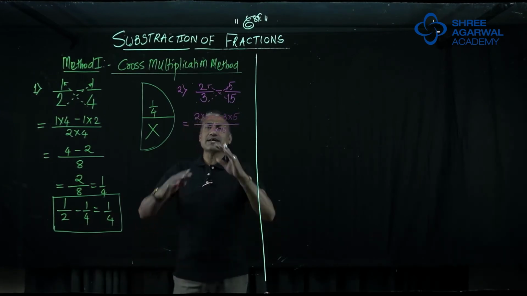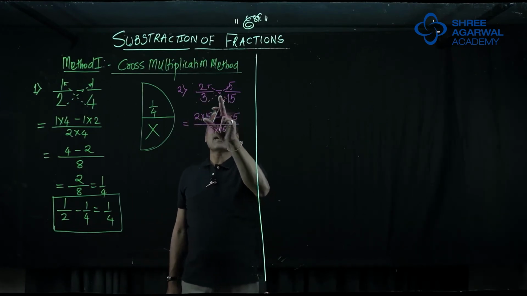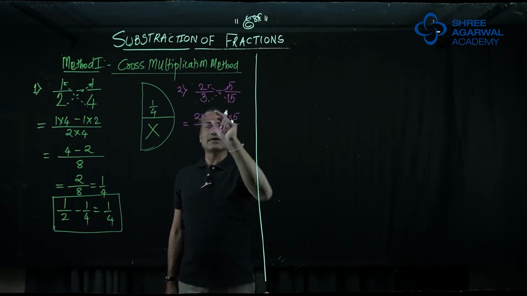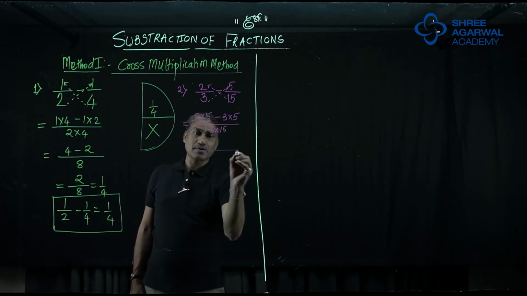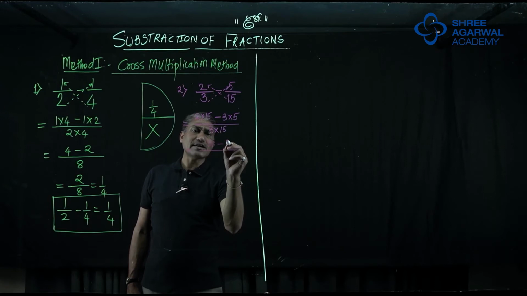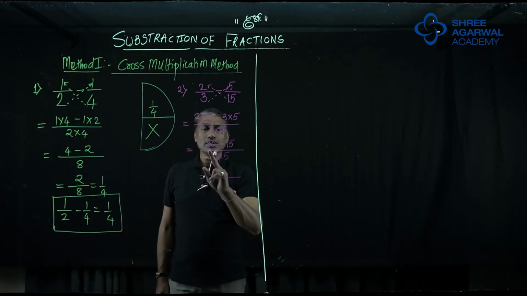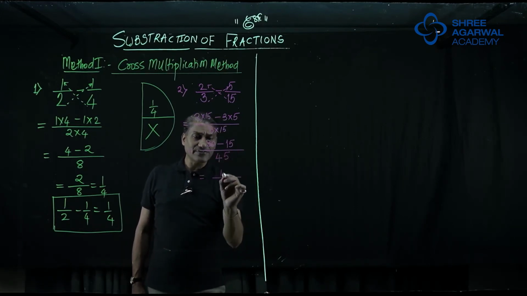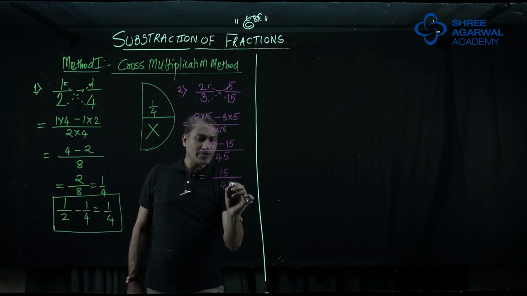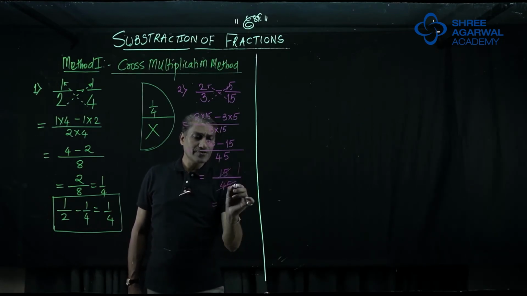I hope you are understanding. Cross multiplication. This numerator with this denominator minus this numerator with this denominator. And now simplification. 15 2s are 30, 5 3s are 15, 15 3s are 45. 30 minus 15 is 15, 15 upon 45. Oh sir, this is divisible. 15 1s are, 15 3s are.